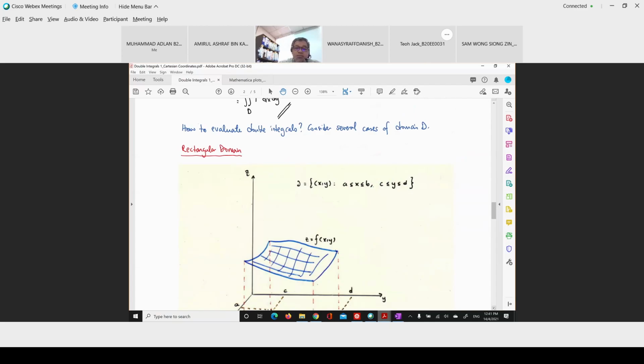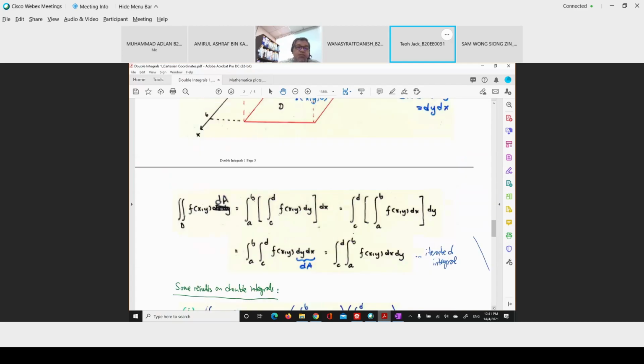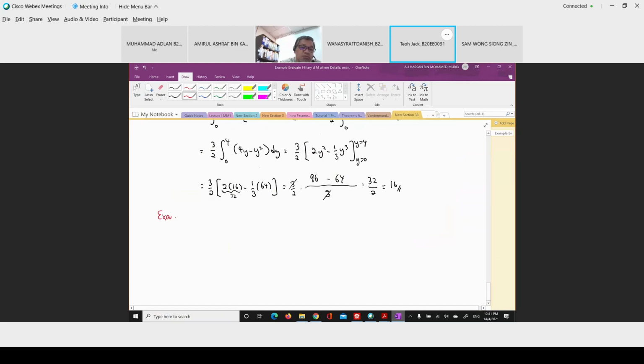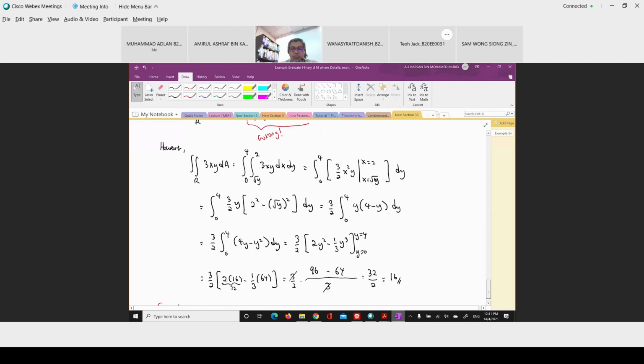So, does the double integral mean finding volume? Yes, but this one has nothing to do with volume. This is just for evaluation of integrals. All these examples are for evaluation of double integrals.